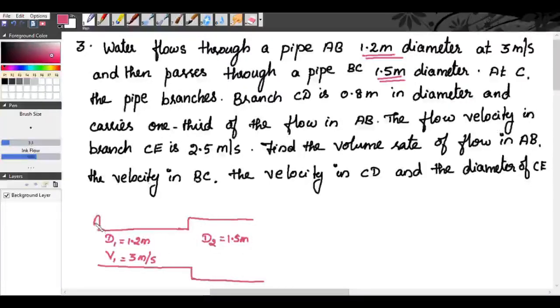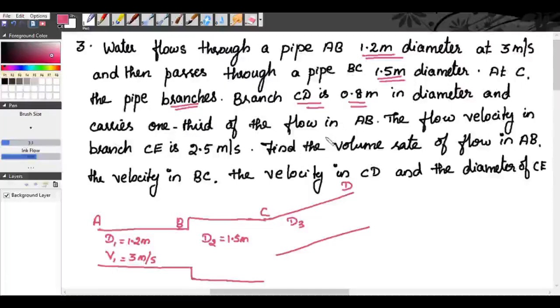So this is A, B, then it is B, C, and what happens, you see, at C the pipe branches. So branch CD is 0.8 meter diameter. So at C it is getting branched, and here D3, CD.